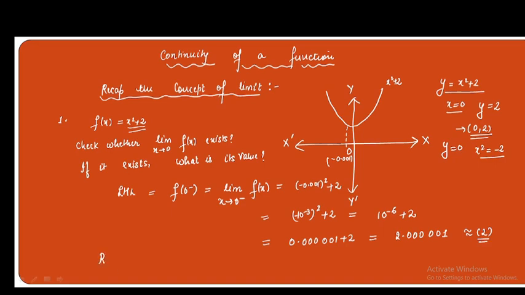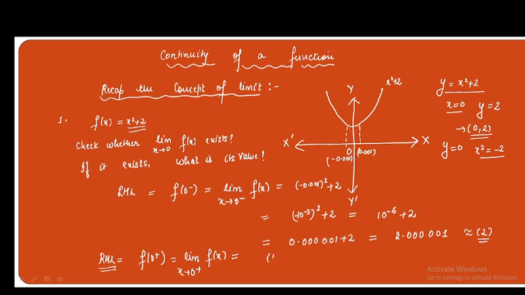Next we are going to approach 0 from the right hand side. We will take a value which is slightly greater than 0, on the right hand side of 0. This is denoted by right hand limit. So this is written as RHL is equal to f of 0 plus, which is limit of x tends to 0 plus f(x), and let's take the value 0.001.